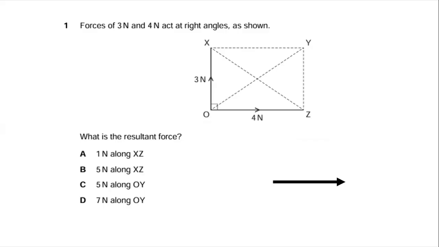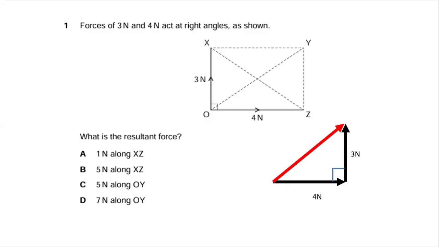First of all, we'll take the 4 Newton, which is horizontal, right hand side. And the other one is 3 Newton vertically upwards. So we are going to make a vector triangle. The third side is the resultant.